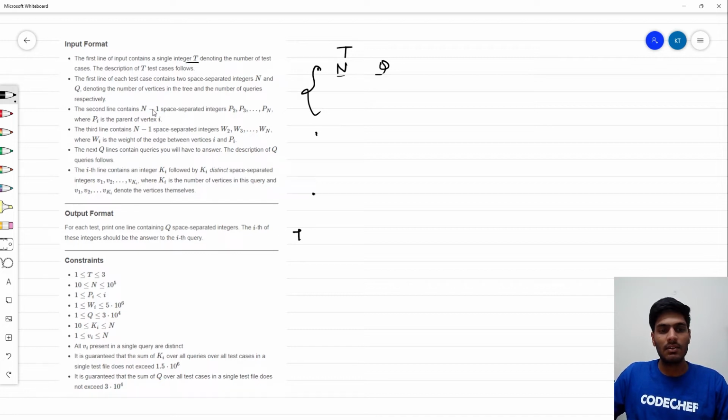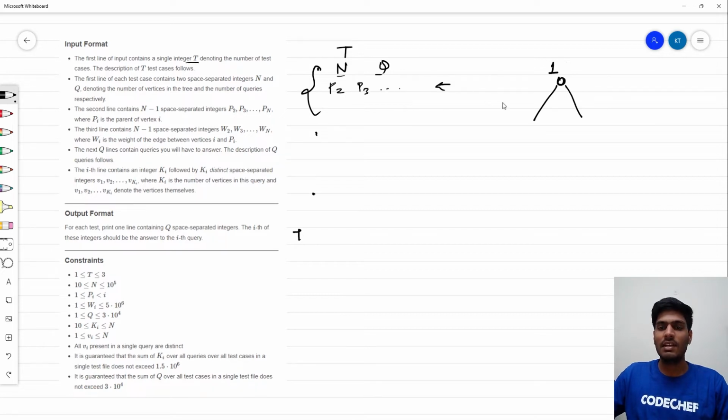Then the second line will contain n minus 1 space separated integers, p2, p3, up to pn, where pi is the parent of vertex i. So let's say this was our tree. Remember that it was rooted at the vertex 1. Now the parent of 1 is not there. So they have given us the parent of 2, parent of 3, and so on.